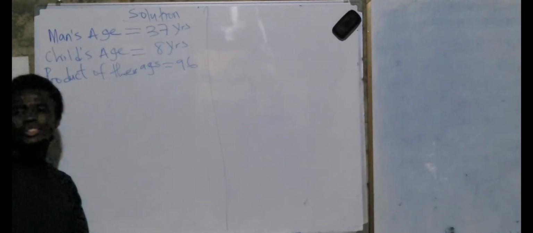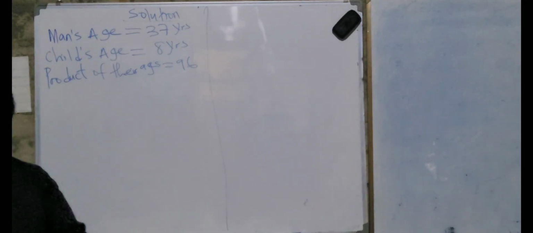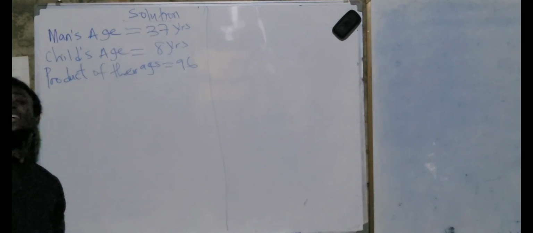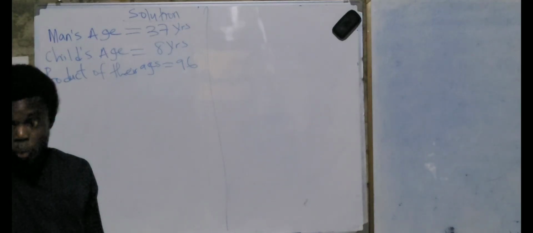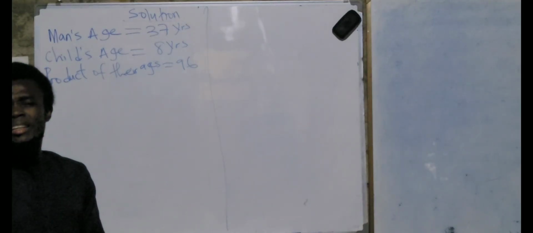Read the question again. A man's age is 37 years old and his child's age is 8. How many years ago was the product of their ages 96? How many years ago? That means, do you know the years here?